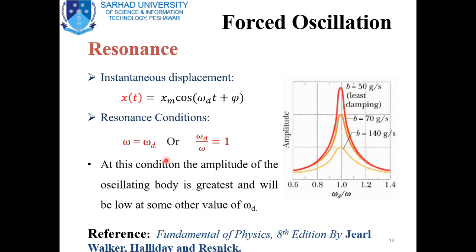In the given figure, there are three different forced oscillations in three different material mediums. As you see, the value of b is changing, so this represents three different material mediums. The resonance peaks occur where omega d divided by omega is equal to 1.